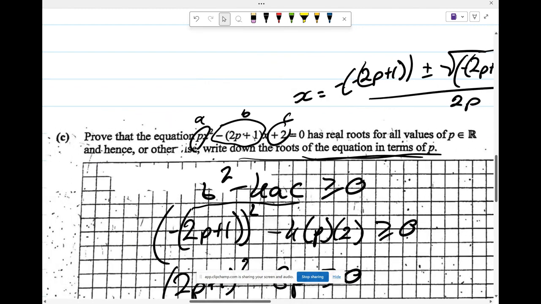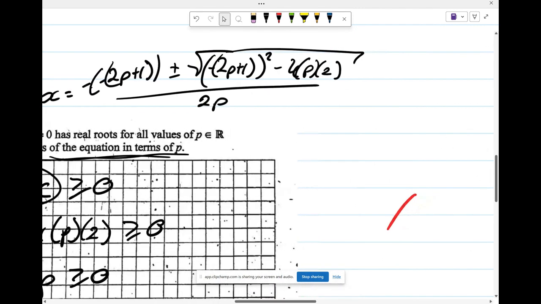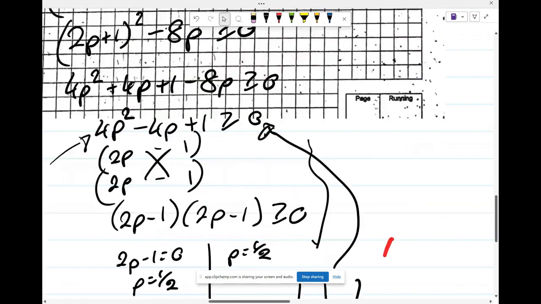And well, we know what that is. So b squared minus 4ac is just this, and we actually solved all that.